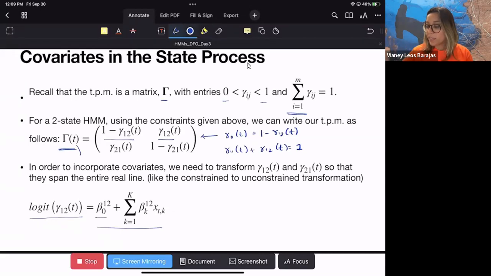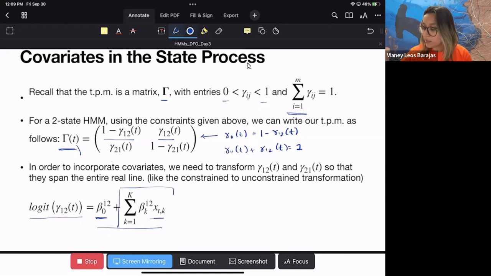So we have some intercept, some baseline patterns of how these animals switch between the different behaviors. And then we have our covariates and the effects of our covariates with these beta sub k's.